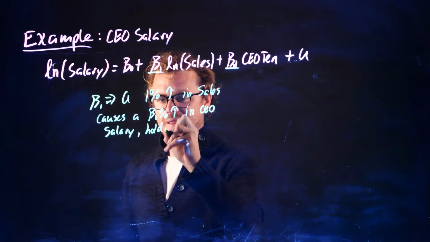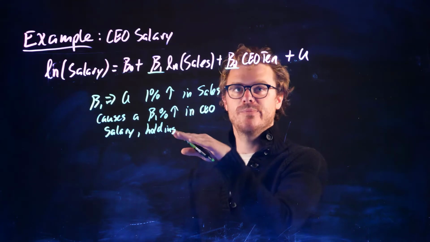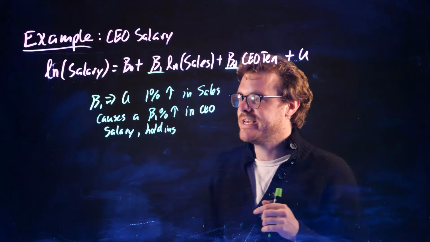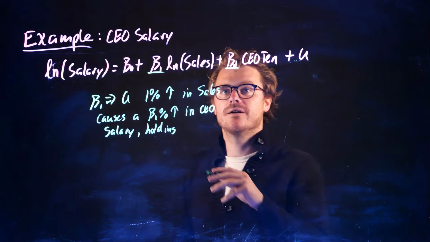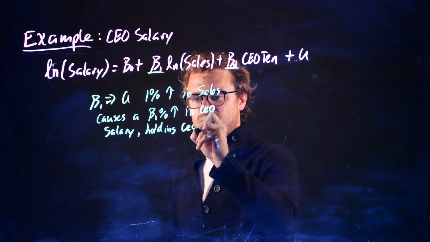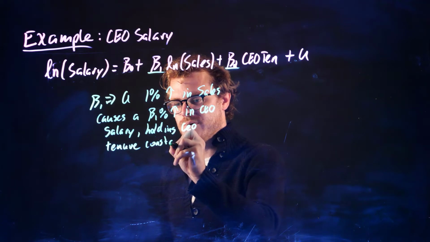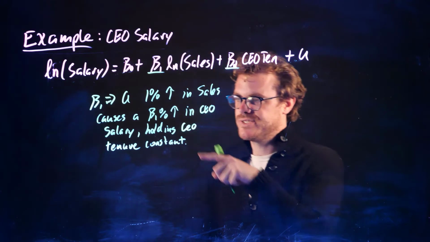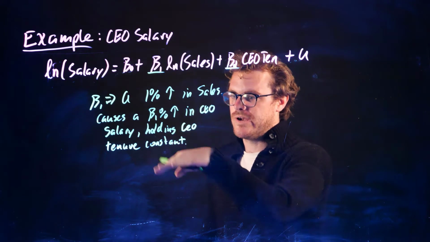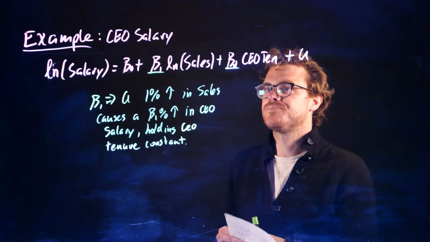And I'm going to add this last part here, and we'll explain that when we get to the actual interpretation. I guess we're almost skipping ahead a bit in the book. In CEO salary, holding CEO tenure constant. But again, we'll talk about this in a second when we get to interpretation. And it'll be clear why we need to hold the other variable constant.